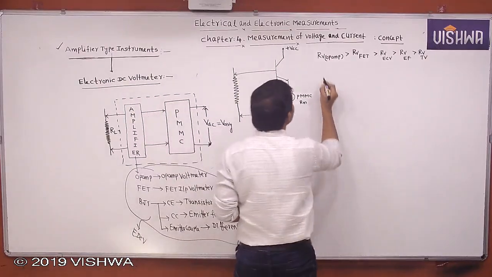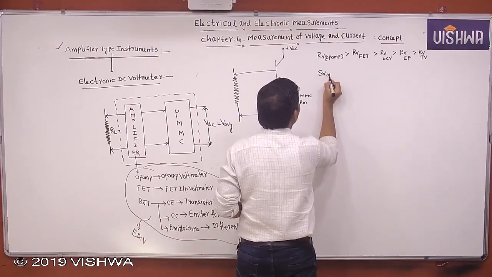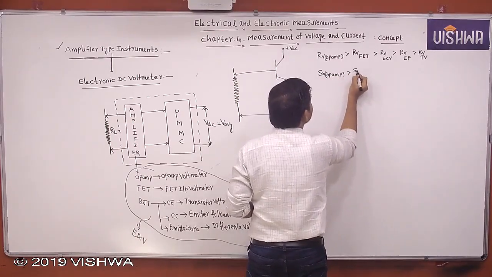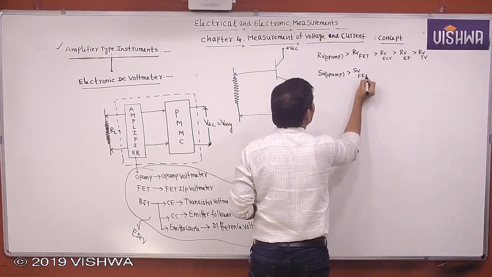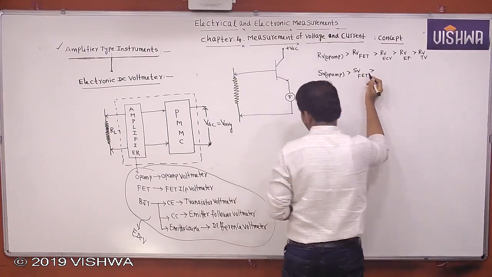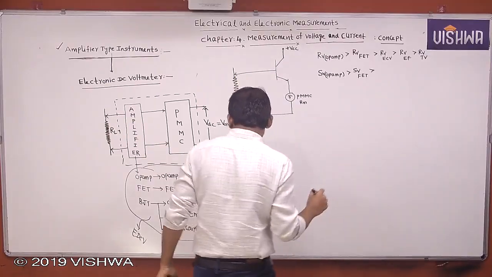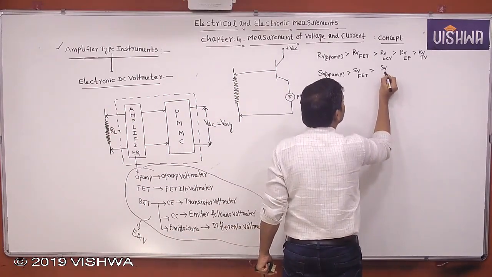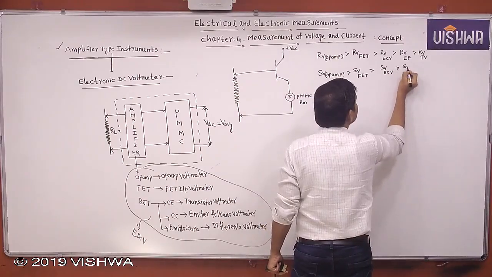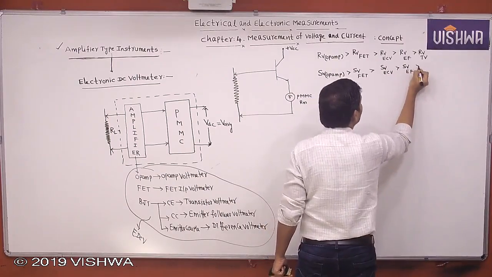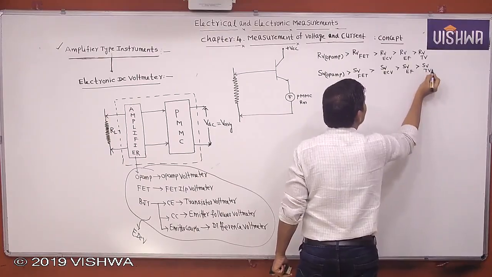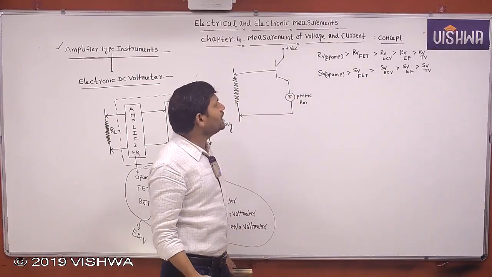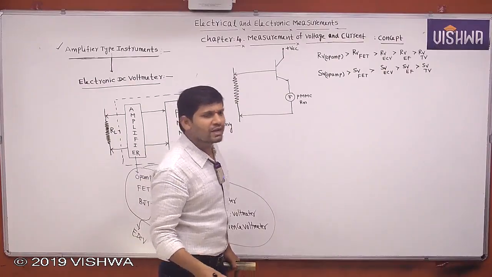Then what about the sensitivity? Sensitivity of op-amp voltmeter is greater than sensitivity of FET input voltmeter, is greater than sensitivity of emitter coupled voltmeter, is greater than sensitivity of emitter follower voltmeter, is greater than sensitivity of transistor voltmeter. If the sensitivity is more, we know that loading effect is less.